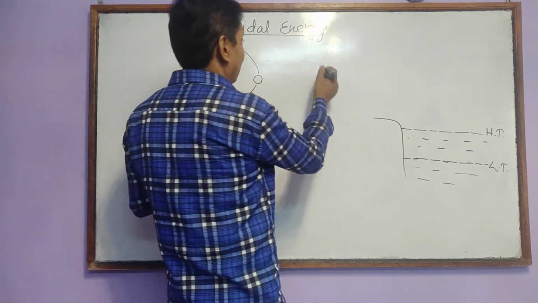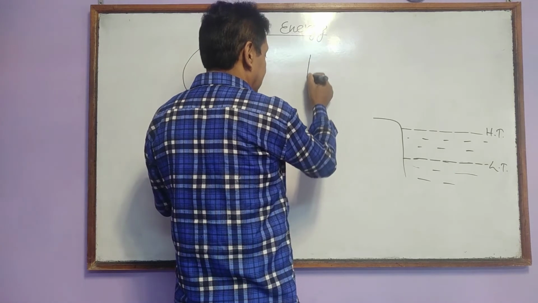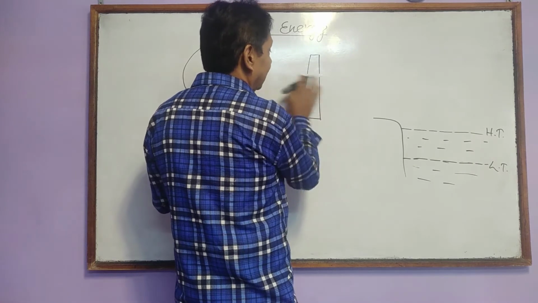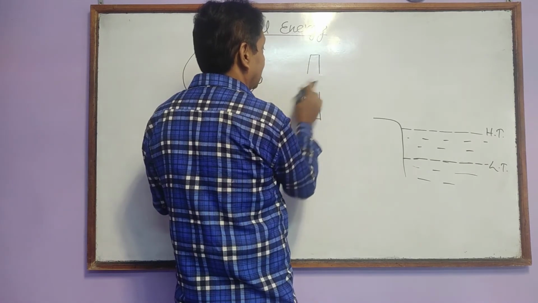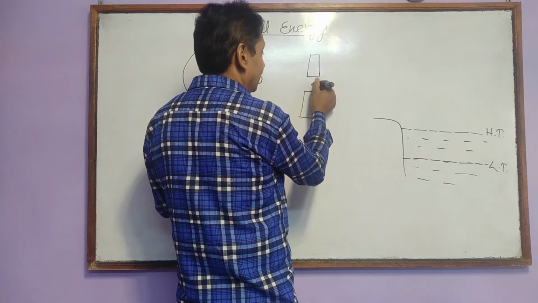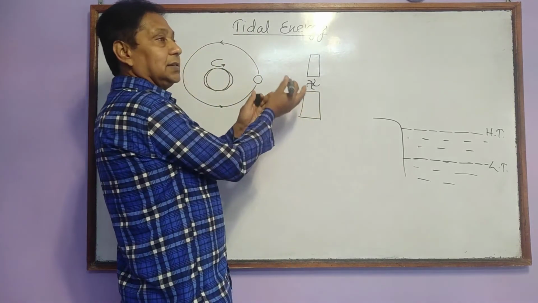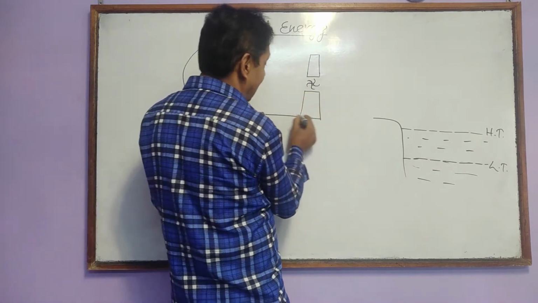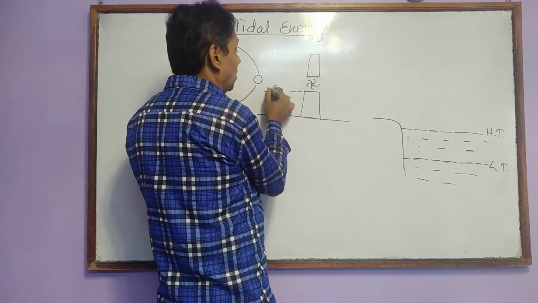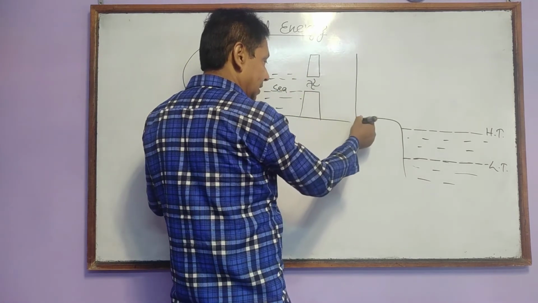Look at this. Let's say we have sea on one side. This is a dam, let's say, and somewhere in the middle of the dam, we have a turbine. This is turbine, and it is designed nearby sea, and on this side we have reservoir.